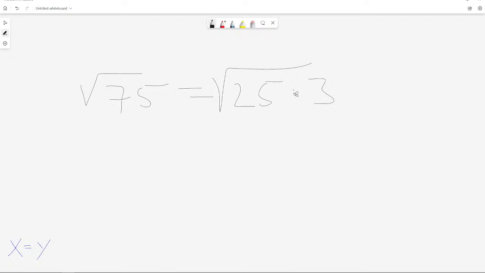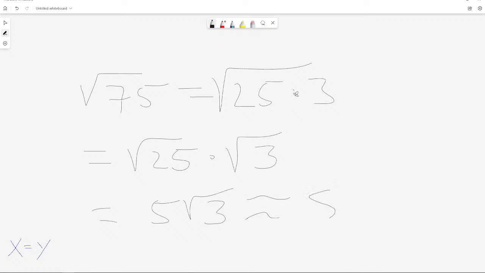Now we can separate 25. Now we know 25 is a perfect square of 5. So the answer now is 5 root 3. And then that approximates to 8.66.